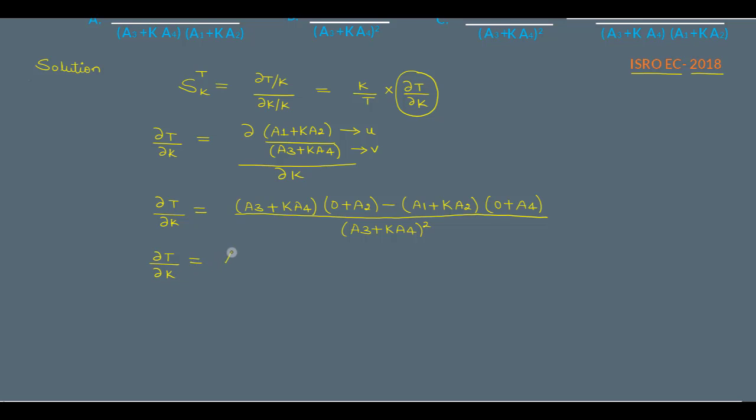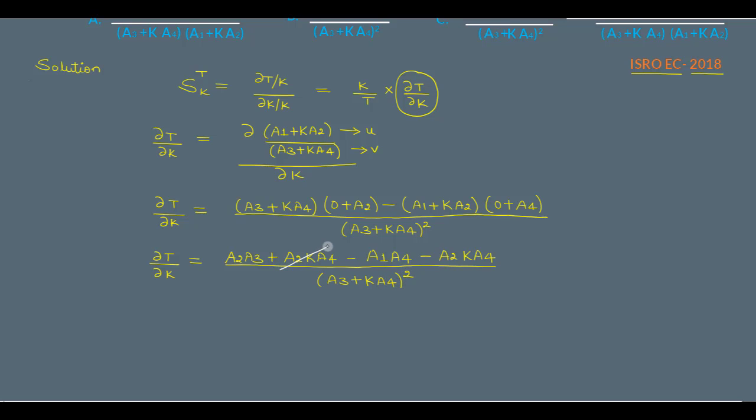We will get ∂T by ∂K equal to A2 A3 plus A2 K A4 minus A1 A4 minus A2 K A4 upon (A3 plus K A4) whole bracket square.